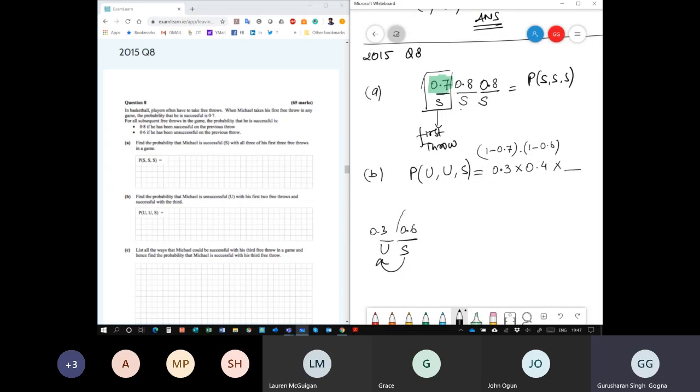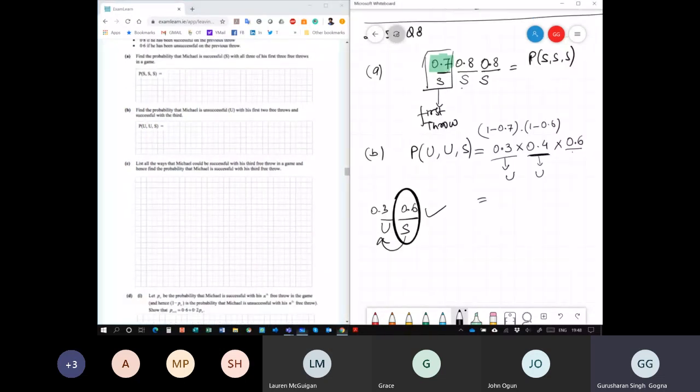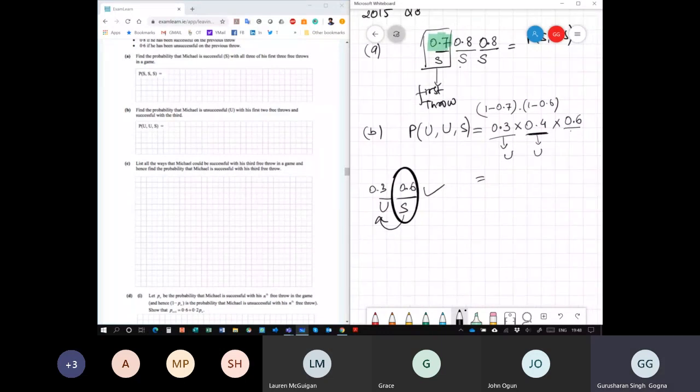Now you can use this 0.6, because the probability of success is 0.6 if he has been unsuccessful in the previous throw, which was this. Okay, so this was unsuccessful, so that's why this is 0.6. So this will give you the answer for this question. Okay, I hope it is clear.